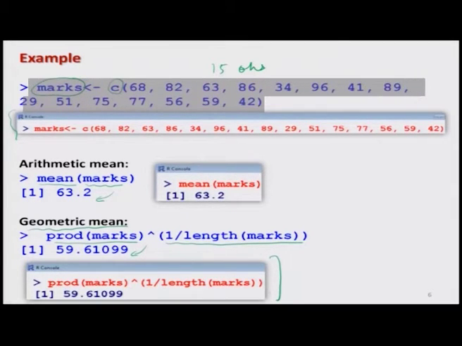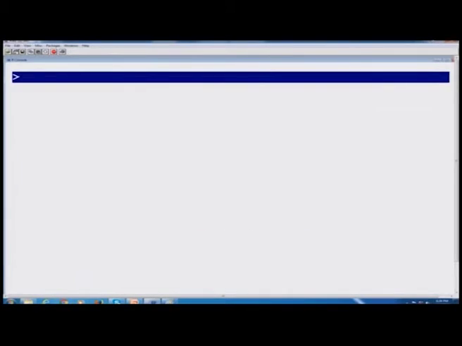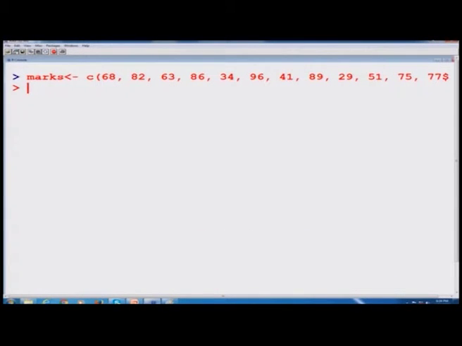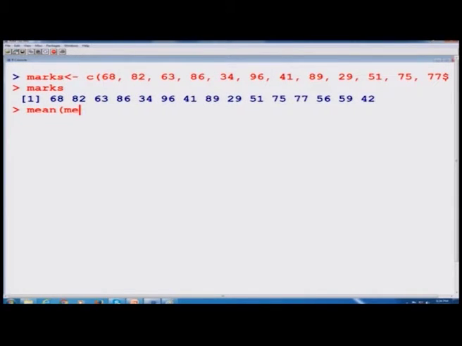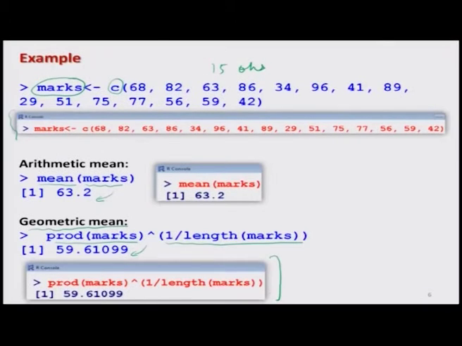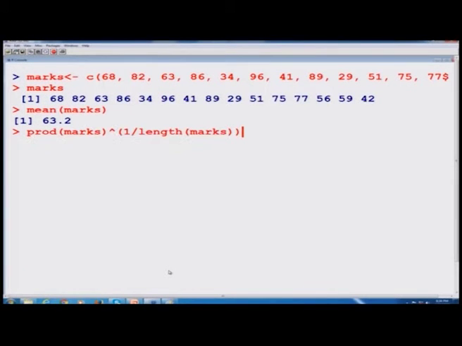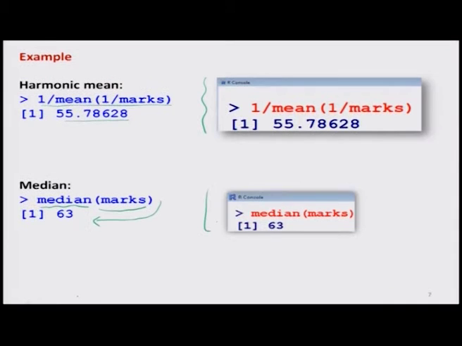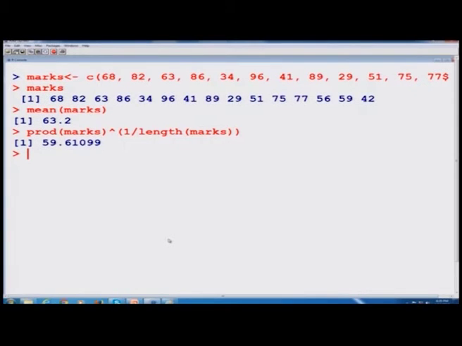So, first let me try to create here the data vector, and you can see here this is marks. And now if I want to find out the mean of marks, then this is 63.2, and similarly if I want to find out the geometric mean, then this is given by the syntax like this, and if I want to find out the harmonic mean, this is given by the syntax this, which is 55.78.